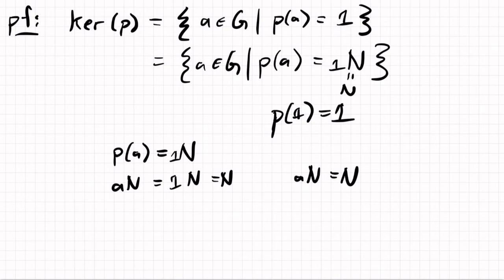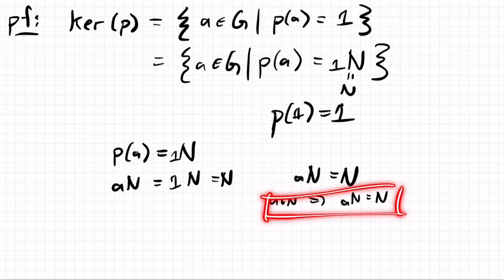First of all, if A is in N, that means that AN equals N, and that's by the closure of the subgroup N. So that's one direction of what we need to show.